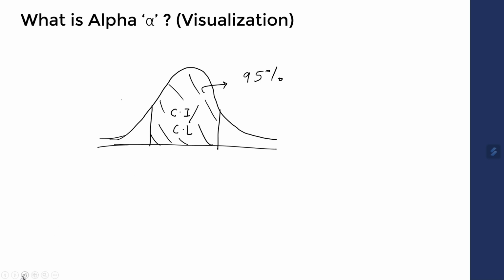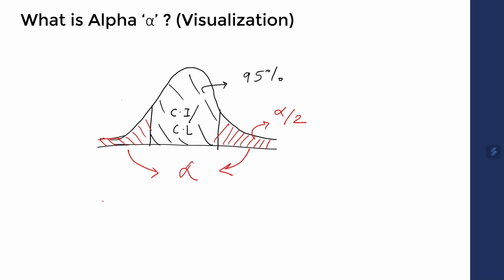The remaining portion, which I am marking in red, is our alpha by 2. If you add both of these, this is our alpha.